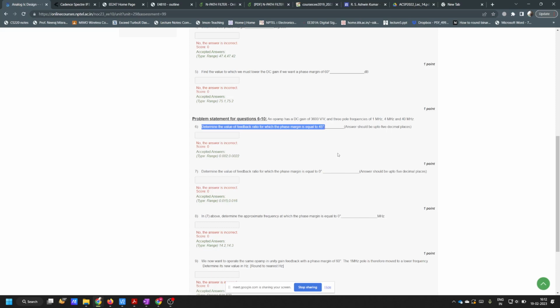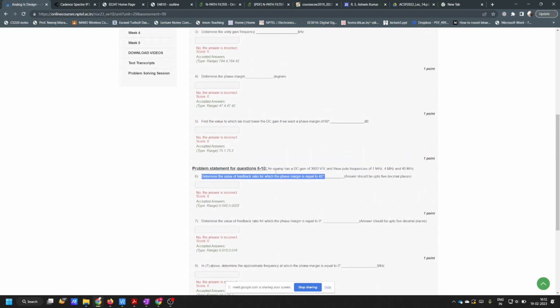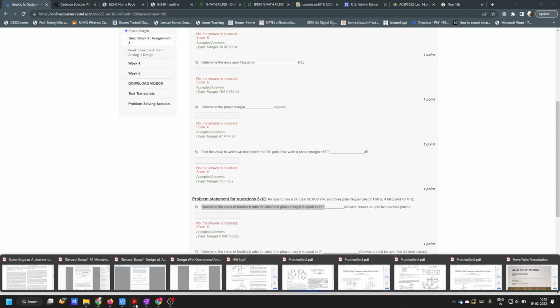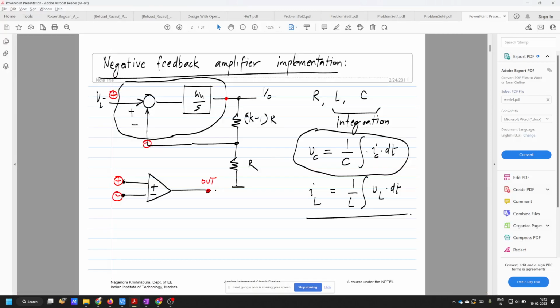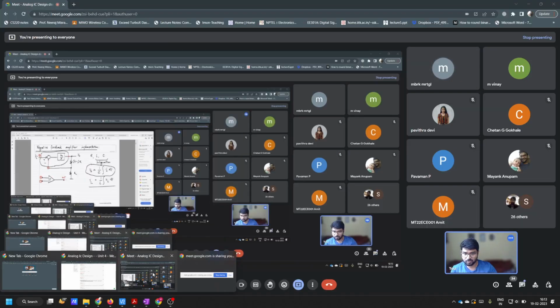I don't get how to find the phase margin. First, you have to find the value of k. Do you understand, right? In this, the phase margin will definitely be dependent upon k. But if it has two poles in the system, then it will be dependent. Let me see.